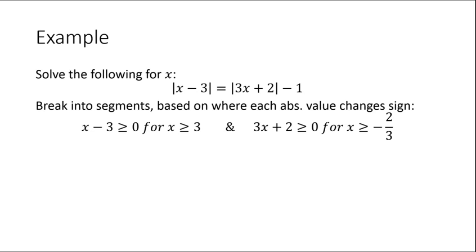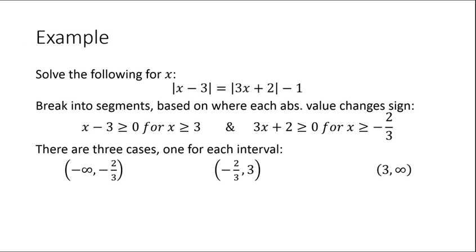So if you look at the left-hand side, x minus 3 changes sign when x equals 3. And the expression on the right-hand side, 3x plus 2, changes sign where x equals -2/3. As a result, we then have three intervals we're going to consider. One where x is less than -2/3, one where x is between -2/3 and 3, and one where x is greater than 3.